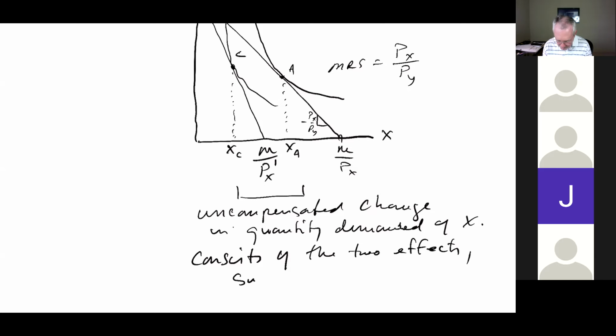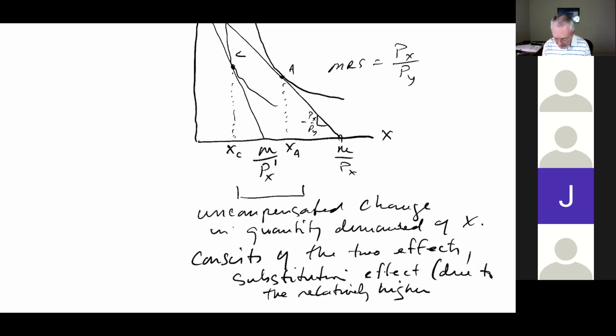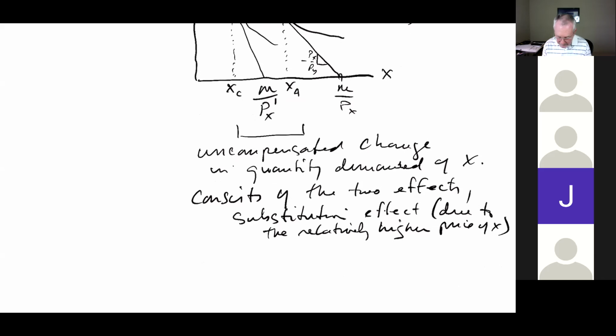The substitution effect due to the relatively higher price of X, and the income effect due to the loss of purchasing power.